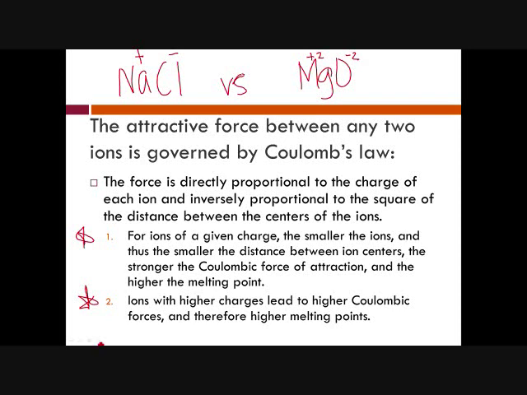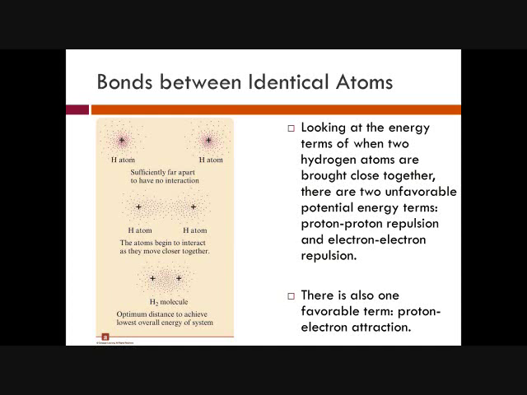But, yeah. Okay. When you have identical atoms, like the Hunkel fiber list, looking at the energy terms, when two hydrogens are bonded together or brought close together, there are two unfavorable potential energy terms: proton-proton repulsion and electron-electron repulsion.